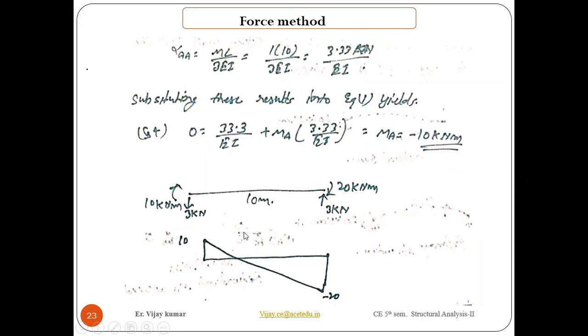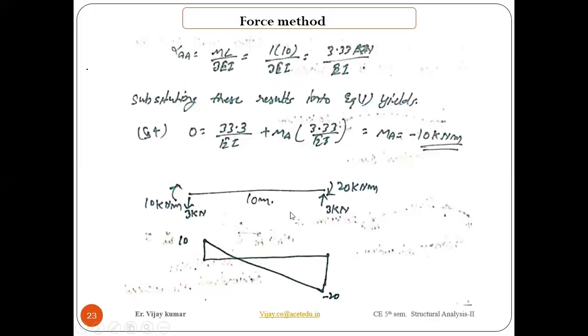Now we have this 20 kilonewton meter and 10 kilonewton meter. Now this problem becomes a static problem. You can easily solve it by taking a moment about any of the support points. Let's take a moment about point A, where there is also a reaction that we need to find. Taking clockwise as positive, 20 is already a moment, so don't multiply by 10.